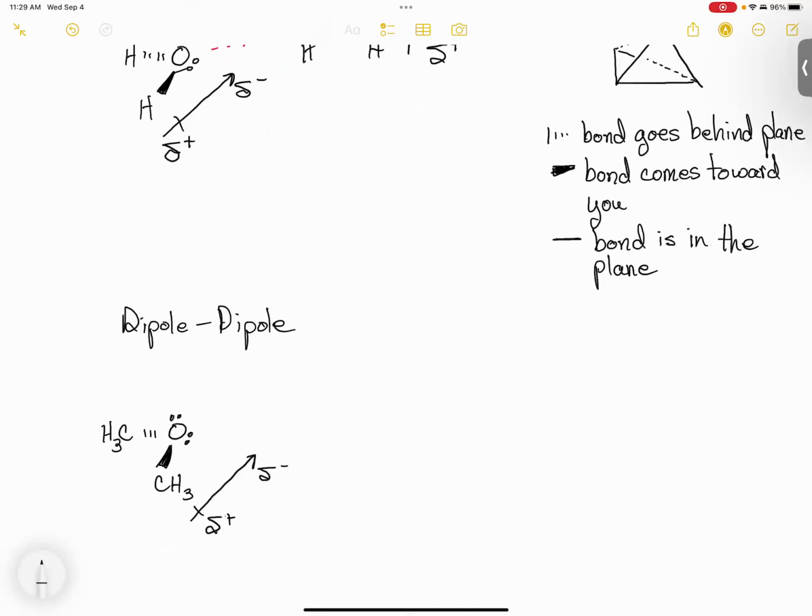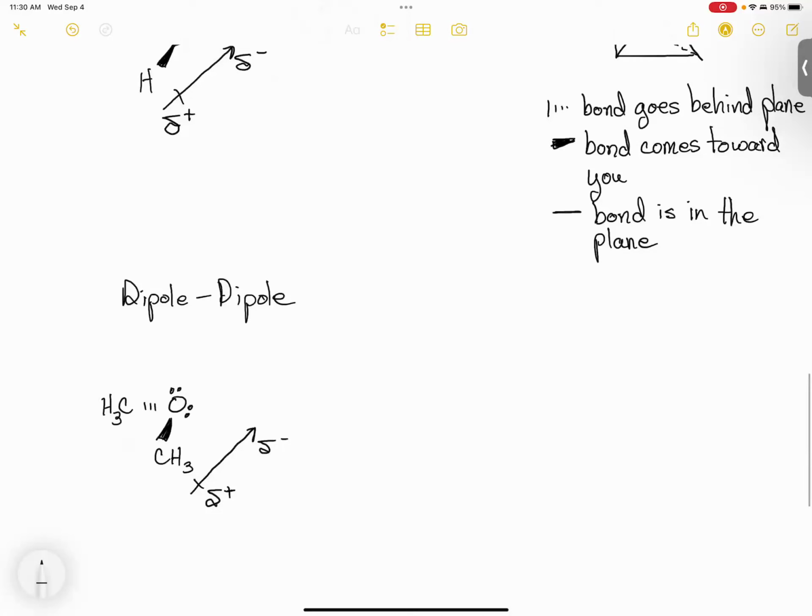We can take and interact that with formaldehyde. And no, I don't expect you to know the names, which also is a polarized molecule.